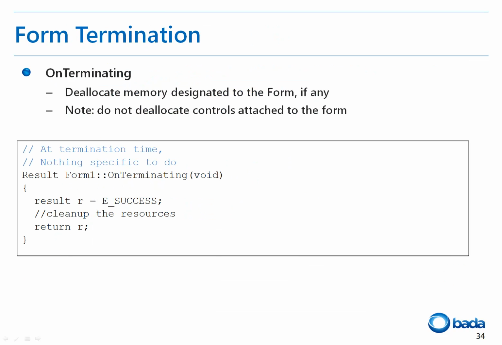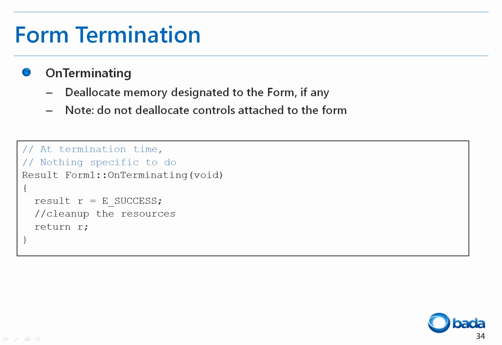Application termination tasks are handled in the OnAppTerminating event handler. When the event handler is called, the application frees its resources and terminates. The allocated UI controls, such as the frame, form, and their child controls, are released before the OnAppTerminating event handler is called.